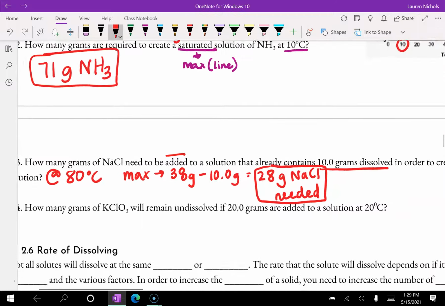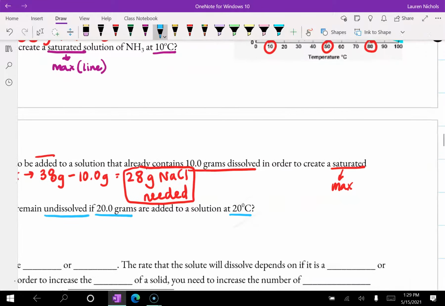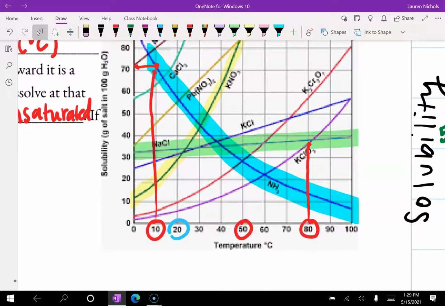And then the fourth question says how many grams of KClO3, or potassium chlorate, will remain undissolved. So here we're wanting to know what is undissolved if 20 grams are added at 20 degrees Celsius. So if we look at 20 degrees Celsius, that's right here, KClO3 is this purple line. So the maximum is very low at that temperature. It's about 5 grams.